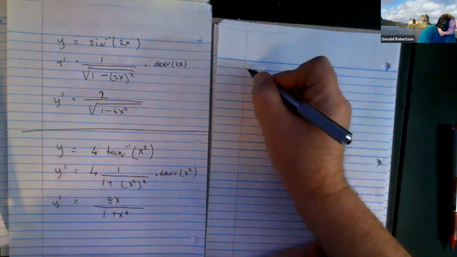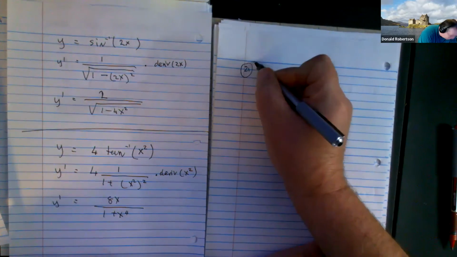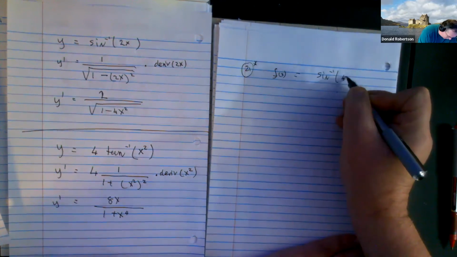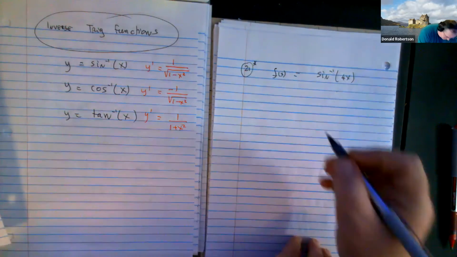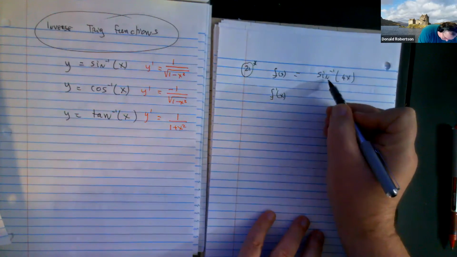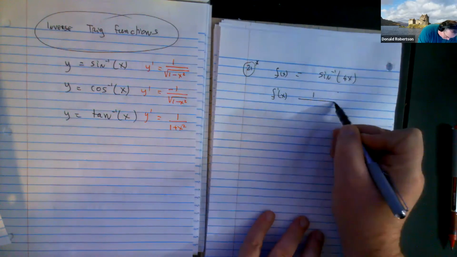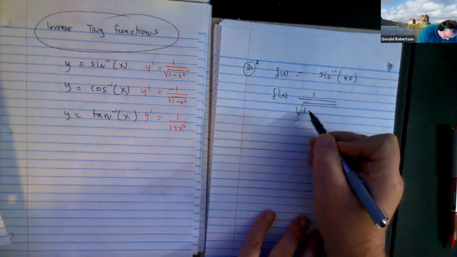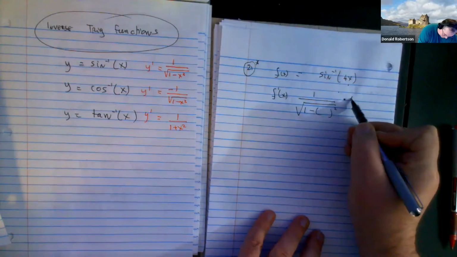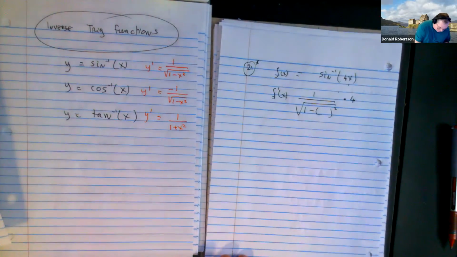Let's do question 21. The inverse sine of 4x. We're going to find its derivative. An inverse sine gets you 1 over the square root of 1 take away something squared, followed by the derivative, so times 4.